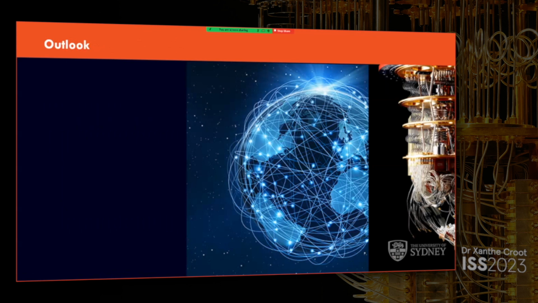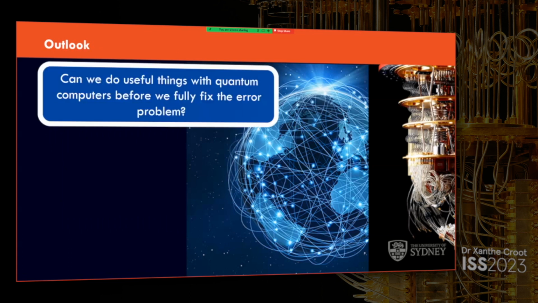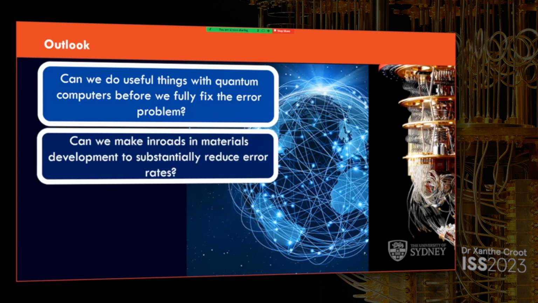The big questions that I think the field is really looking at the moment are things like, what are the useful things we can do with a quantum computer before we figure out how to get these really, really low error rates that we'd like? That might be many years away, but in the meantime, with the technology that we have, what can we do with a quantum computer?